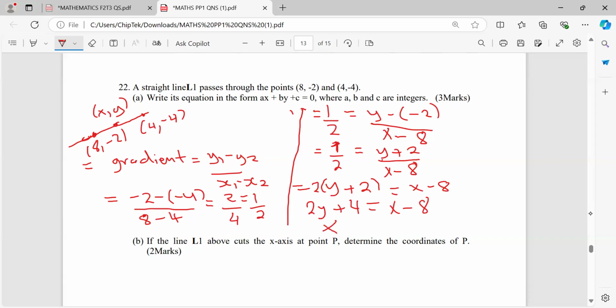So itakuwa x minus 2y. Hii ikipeleka huku itakuwa minus 2y na 4 peleka huku itakuwa minus 4. So -8 minus 4, zote zimeenda this side. So -8 minus 4 ni -12, equal to 0. So tayari ushapata hiyo. We got our equation. We should be in this form.